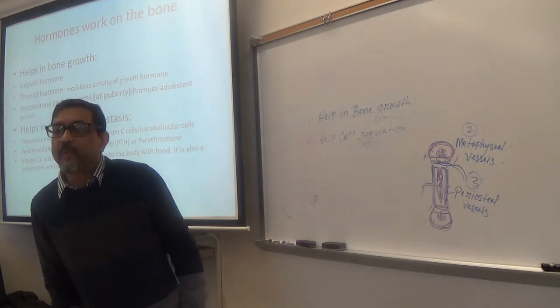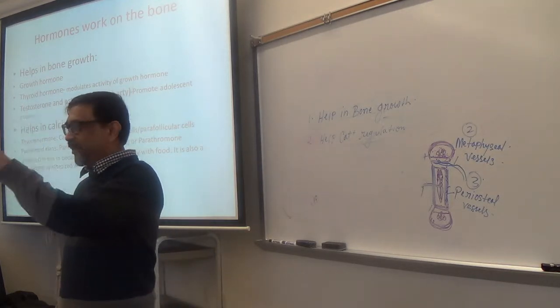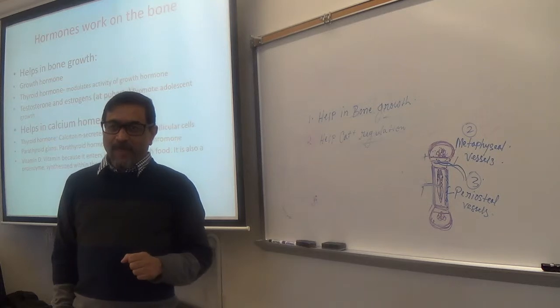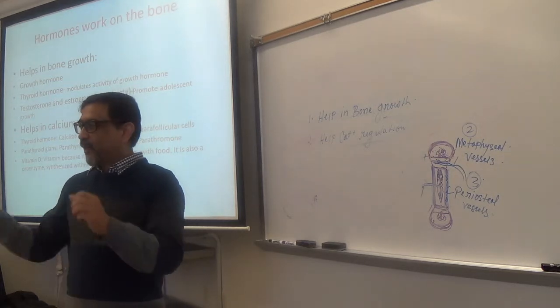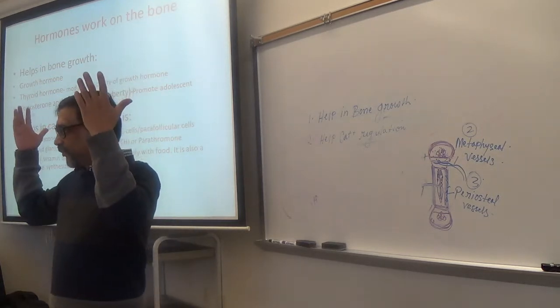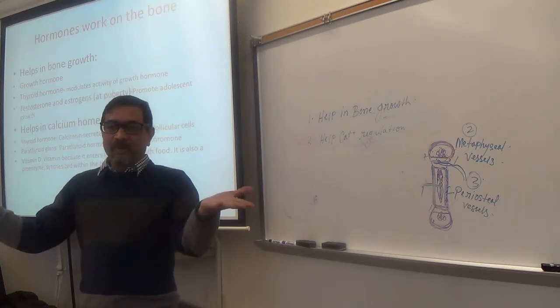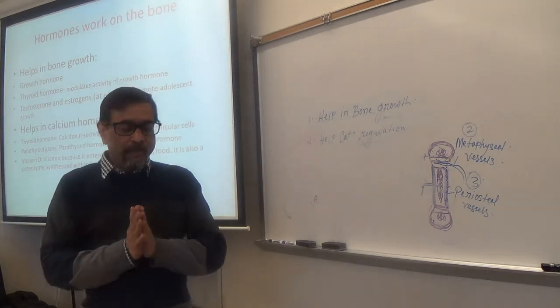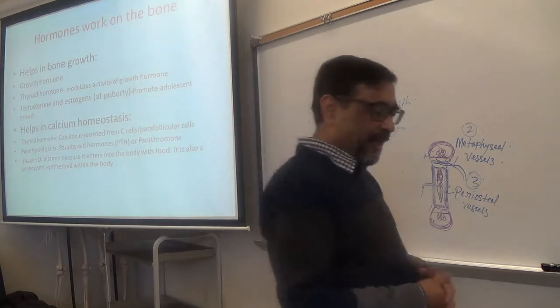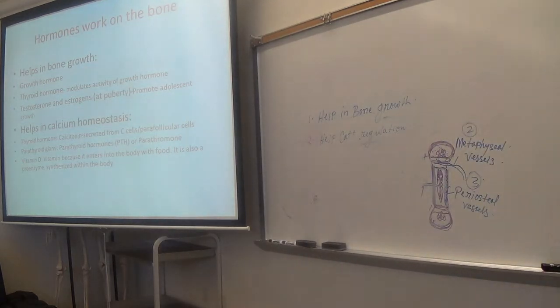Why? Because at puberty the sex hormone is produced in the body. Secretion occurs, and that works on the bones to grow the bone. Make sense? So you already know that, right? So those are the hormones that help to grow the bones.